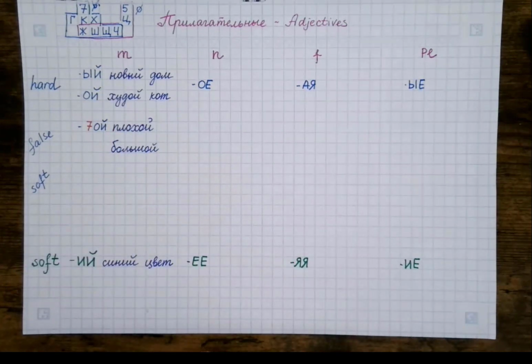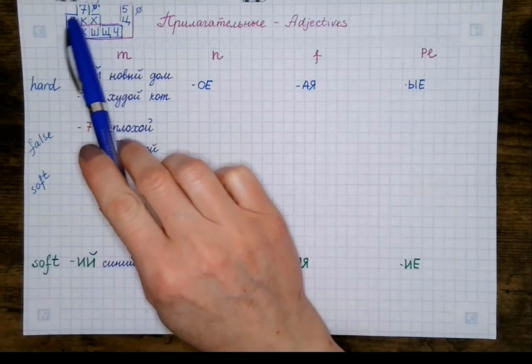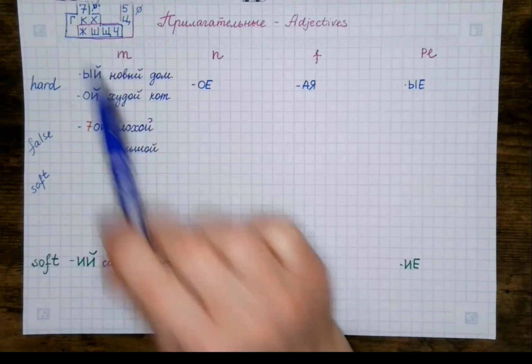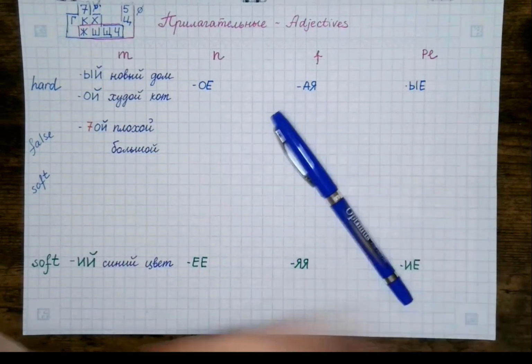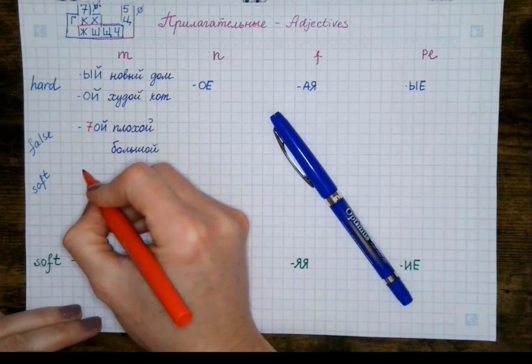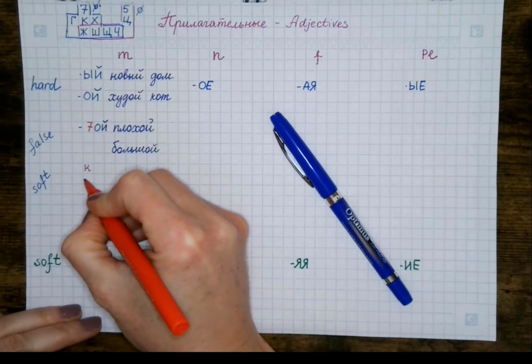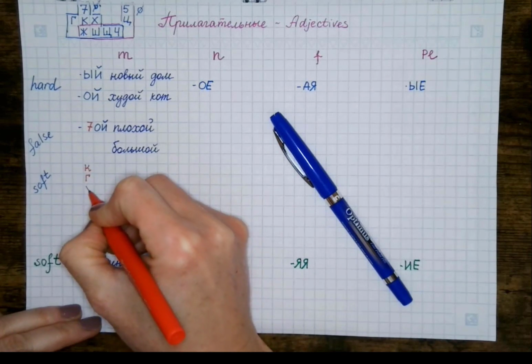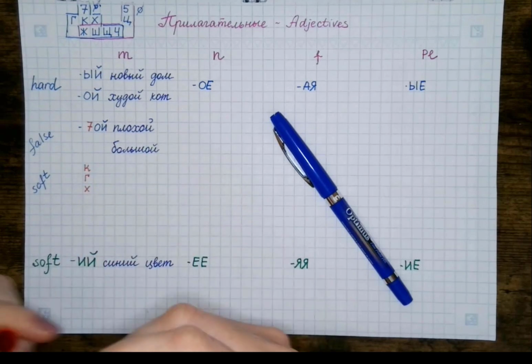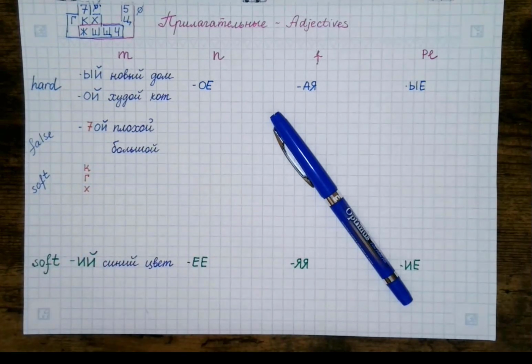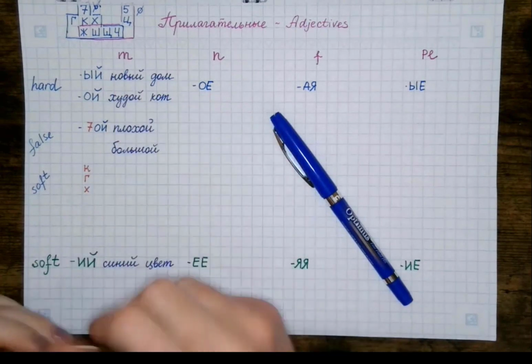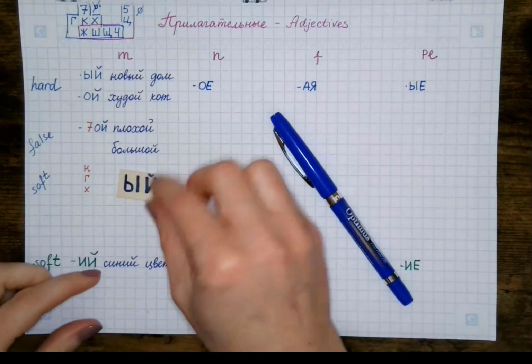So let's see what's going to happen here. We are going to look at these letters separately, these 3 and these 4. First, we're going to look at these 3 letters. So we will have the letter К and Г and Х. Doesn't really matter in which order we have them. Now, the hard ending for masculine is ый.